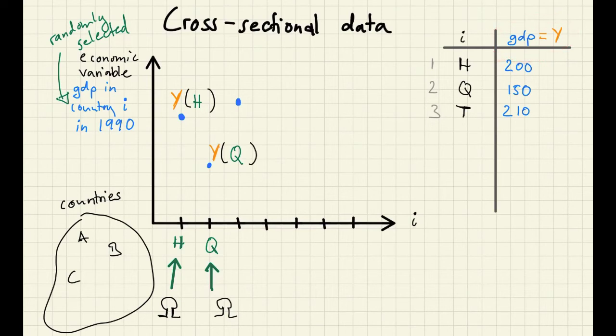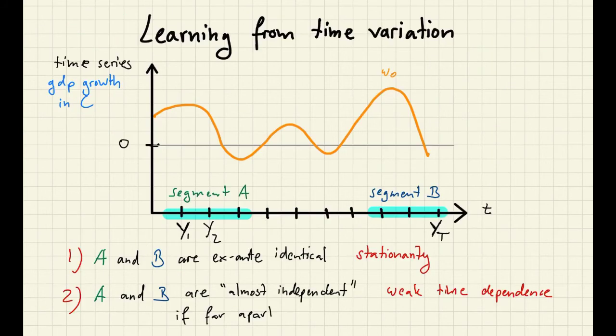Now, in a time series that is stationary and weakly time dependent, moving from a segment A to a segment B that is sufficiently far away is like moving from one observation to the next in a cross-section. So that allows us to learn about the population in a way that is very similar to how we learn about the population in a cross-section.